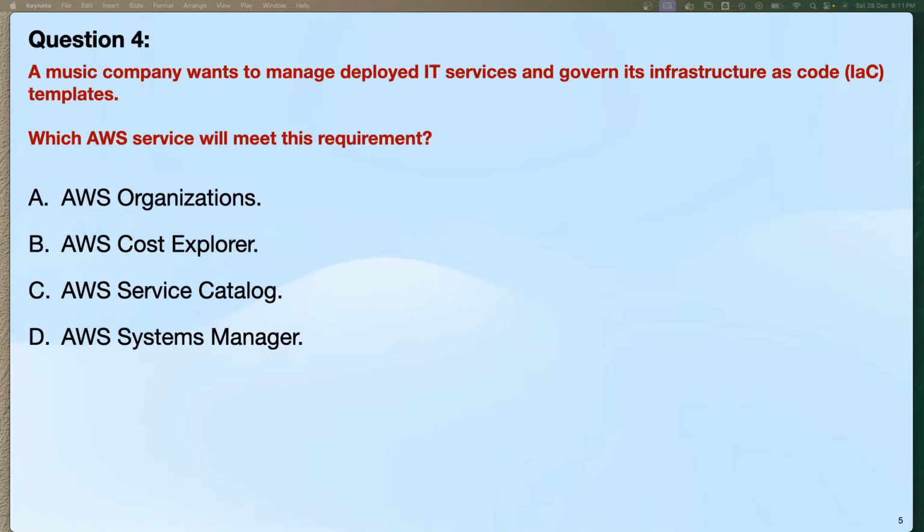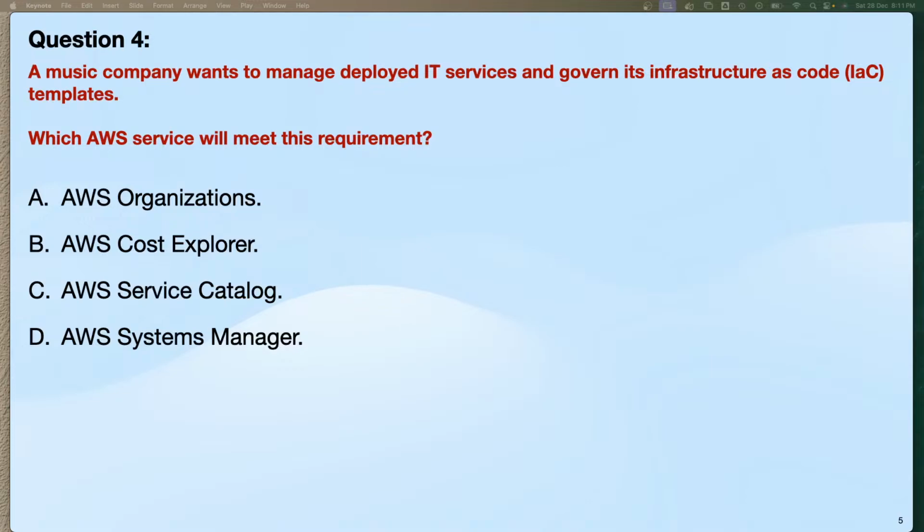So if you evaluate the options, AWS Organizations is for managing the multiple AWS accounts. It's not to manage the infrastructure as code. And then AWS Cost Explorer, as I was mentioning in the tutorial videos, is primarily to evaluate or assess your cost metrics, right? Not for managing the infrastructure as code.